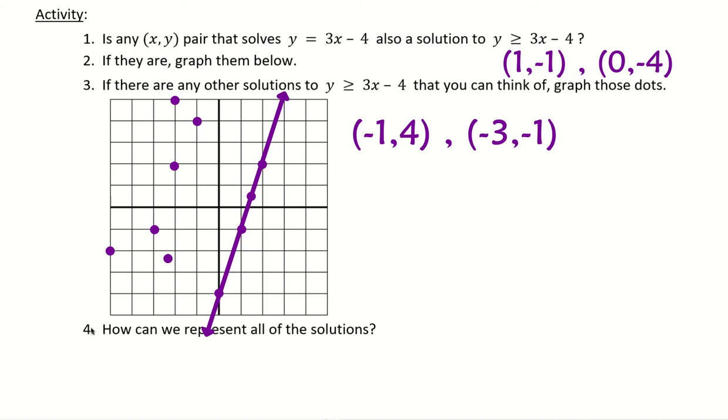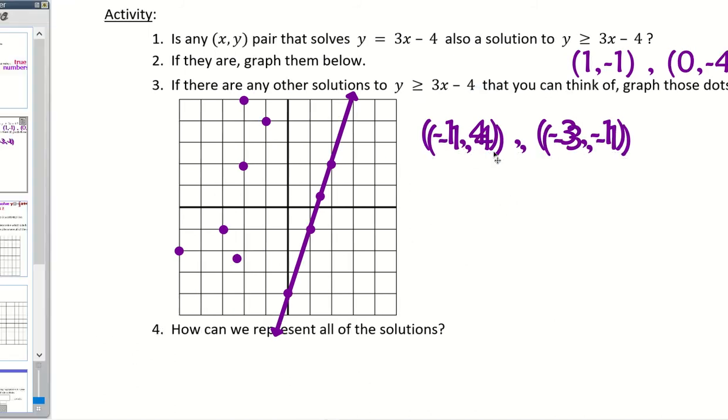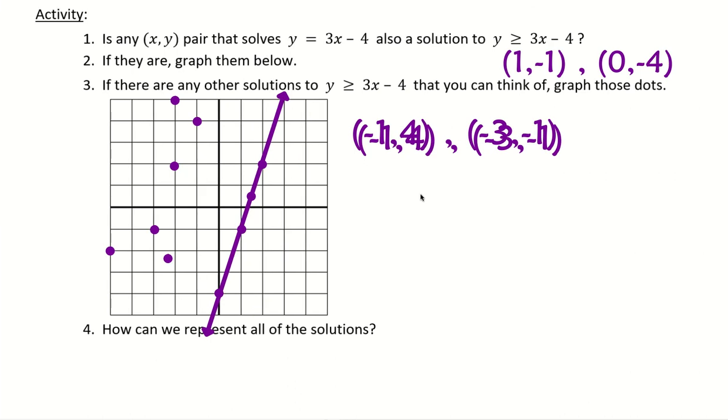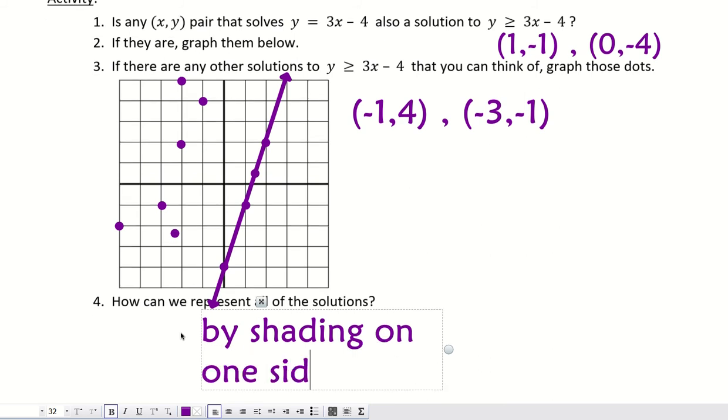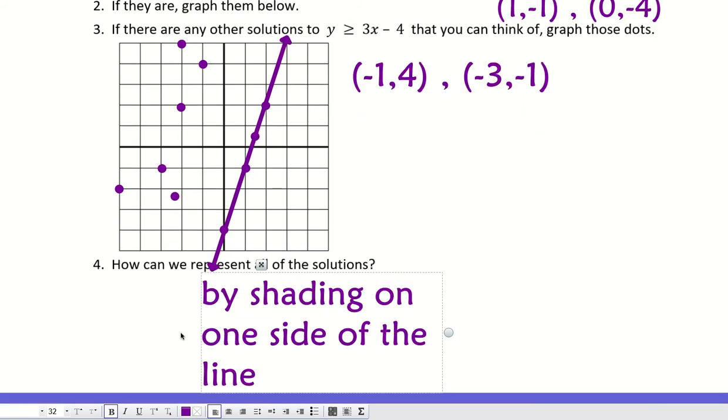So here, number 4, how can we represent all the solutions? You can do it by shading on one side of the line.